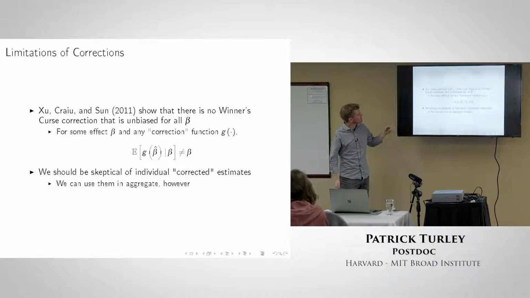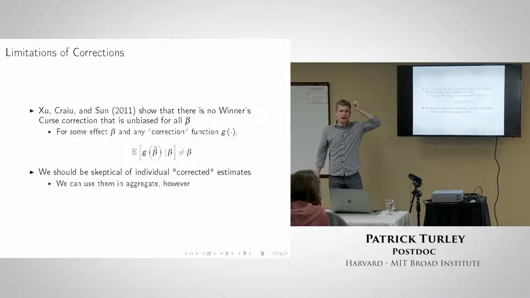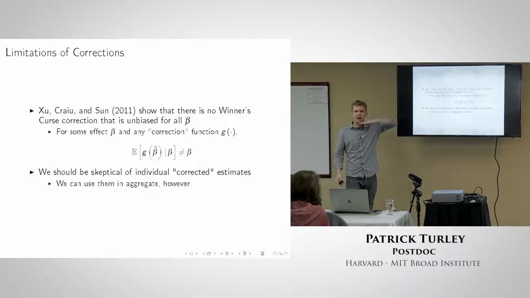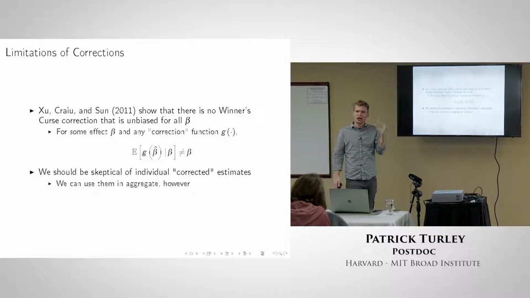So I just want to make a little point here. I'm saying we're doing a correction. There's this result from this paper here saying that no matter what correction function we use, there is no correction function that's going to produce unbiased beta estimates for all beta, which just means that there's no ideal function that will fix all of the bias in our estimates, no matter what we do.